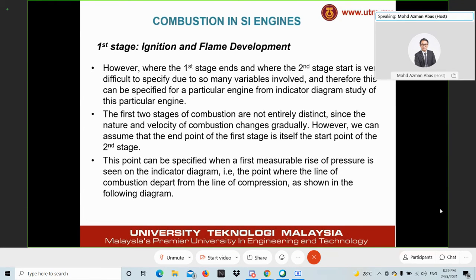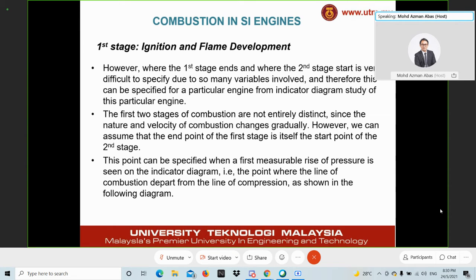However, where the first stage ends and the second stage starts is very difficult to specify due to the many variables involved, and therefore it can be specified for a particular engine from an indicator diagram study. The first two stages of combustion are not entirely distinct, since the nature and velocity of the combustion change gradually. However, we can assume that the end point of the first stage is the beginning of the second stage.